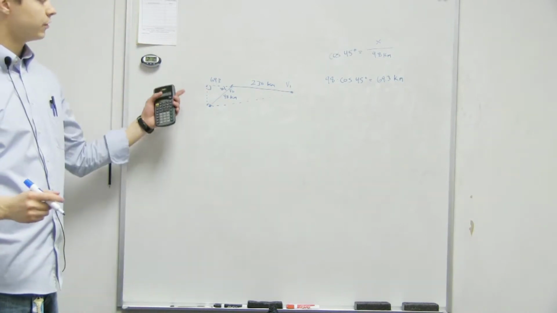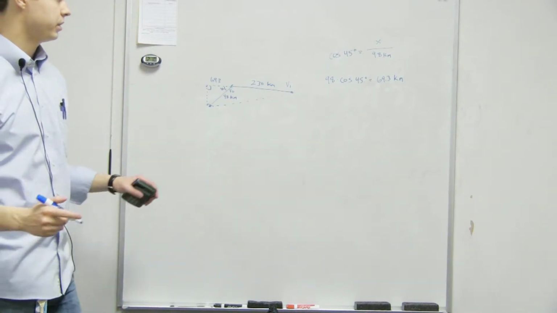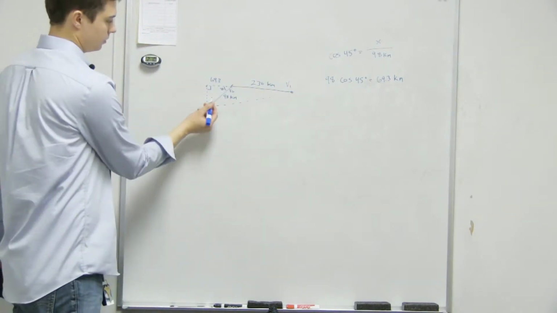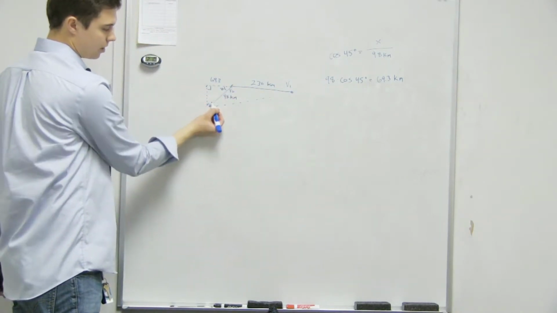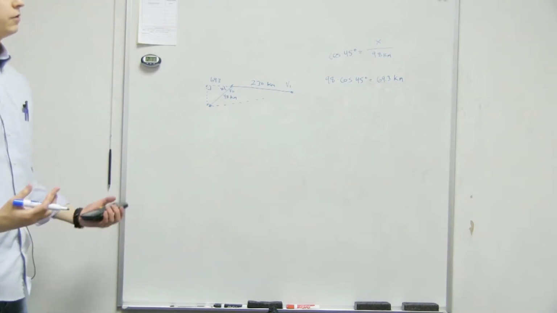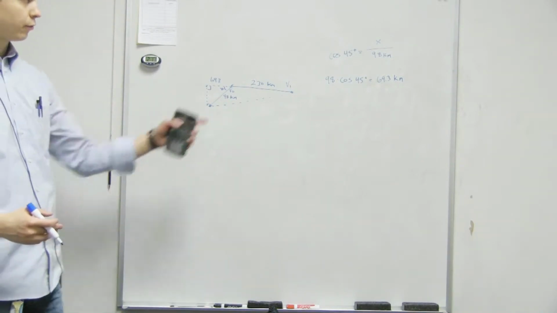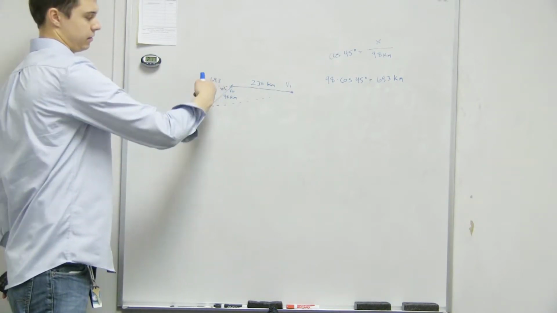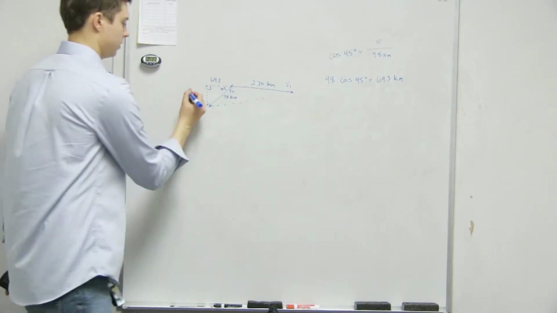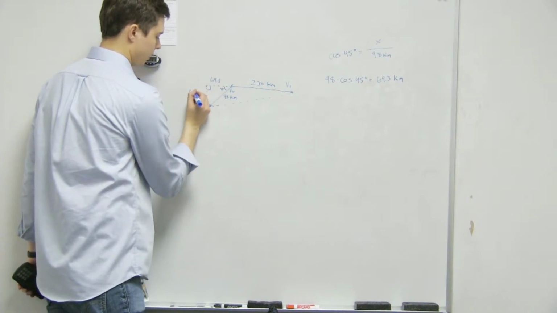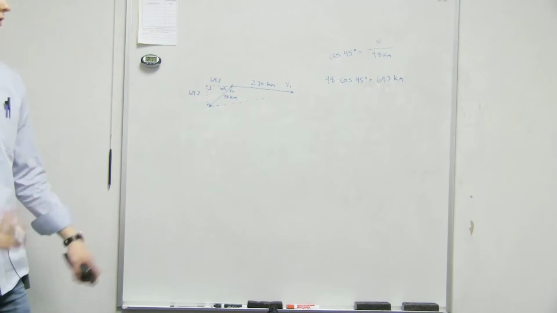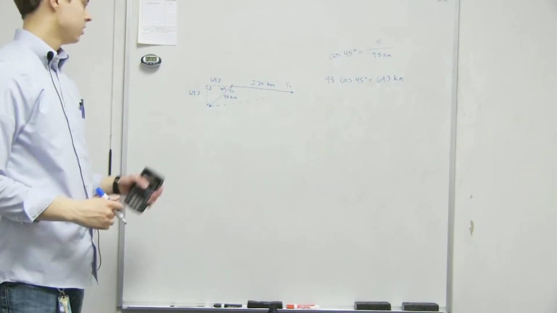Because it's a 45-degree angle, we can do the same thing using sine of 45 to solve for opposite over hypotenuse. But if we're quick on our feet, we'll know that 45 degrees is that magic angle where these two sides are going to be equal to each other. So once we found that one, we automatically know the vertical is going to be the same, just for 45-degree angles. Cool.